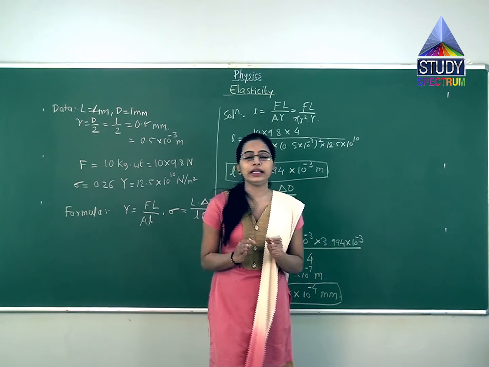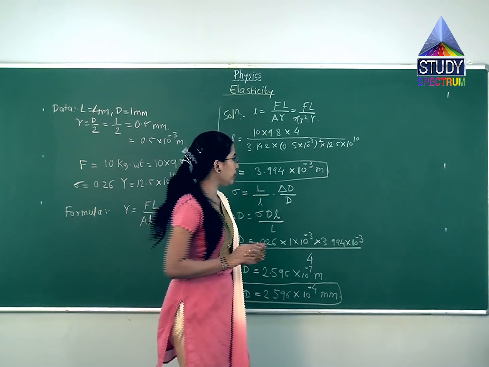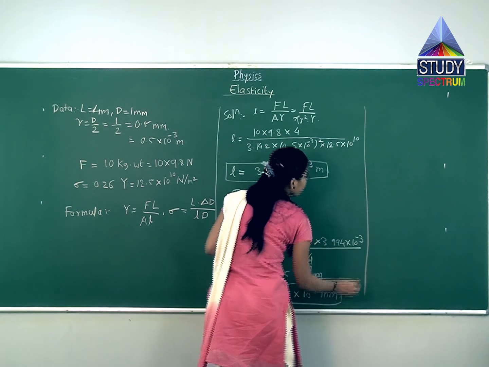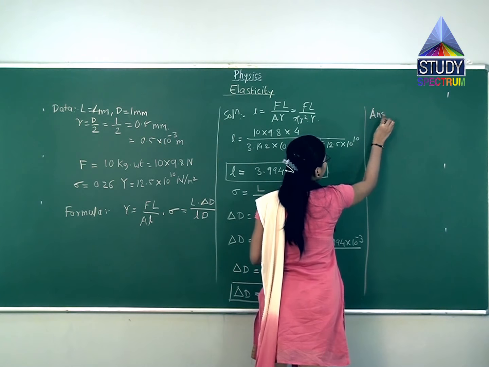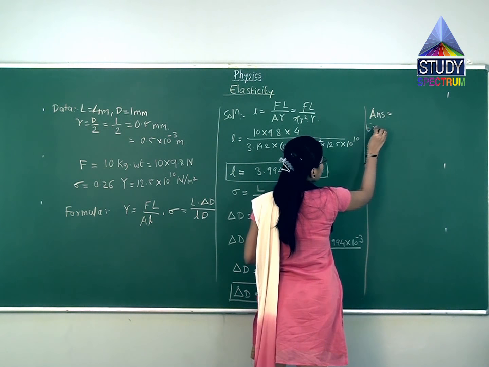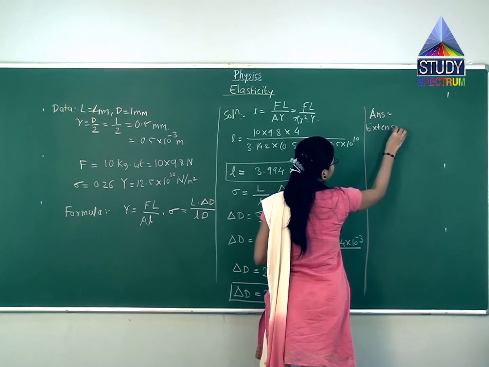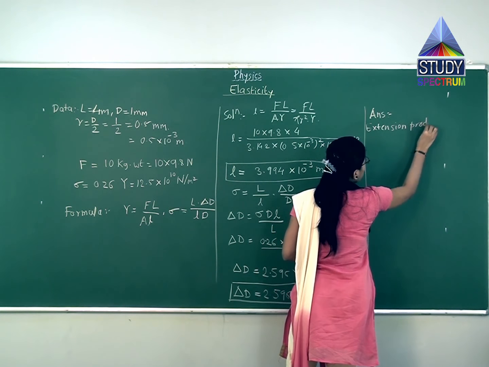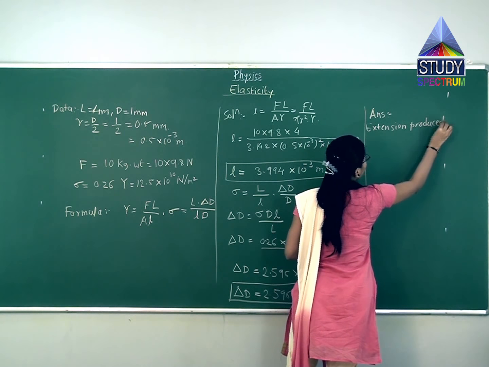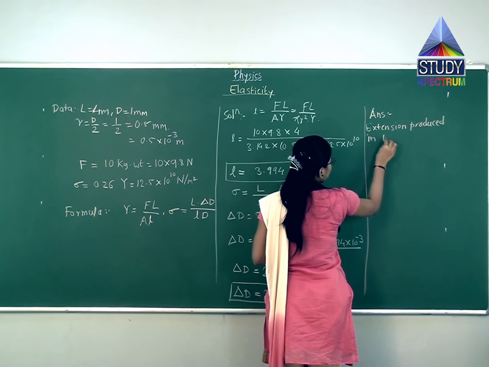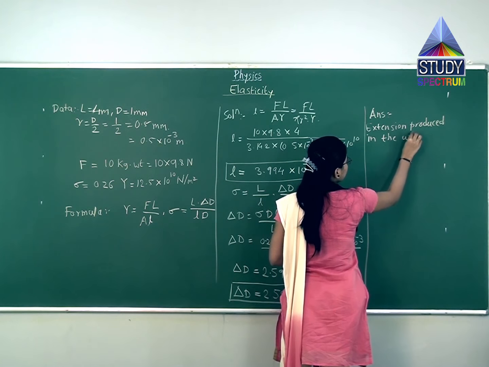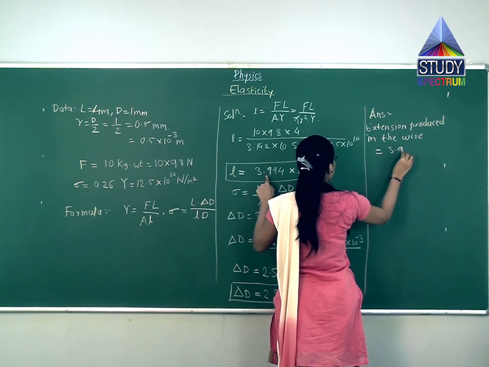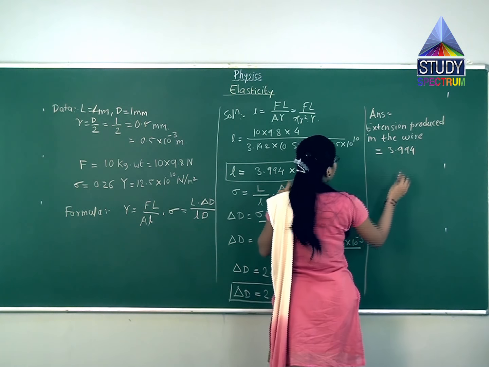And while writing your answer, mention it properly. So here I will write the answer for you. How to write the answer? Let's see. Extension produced in the wire is equal to 3.994 millimeter.